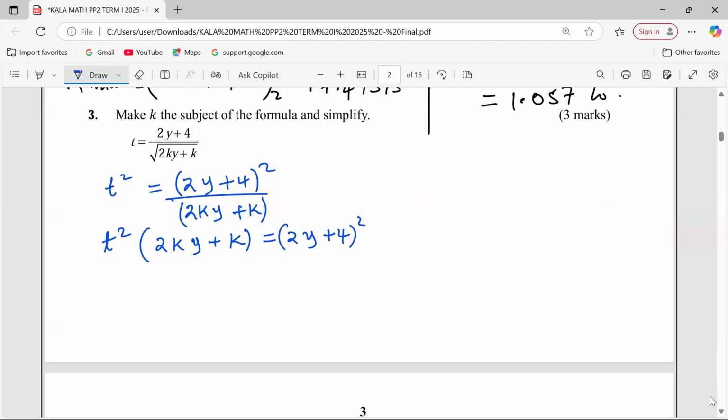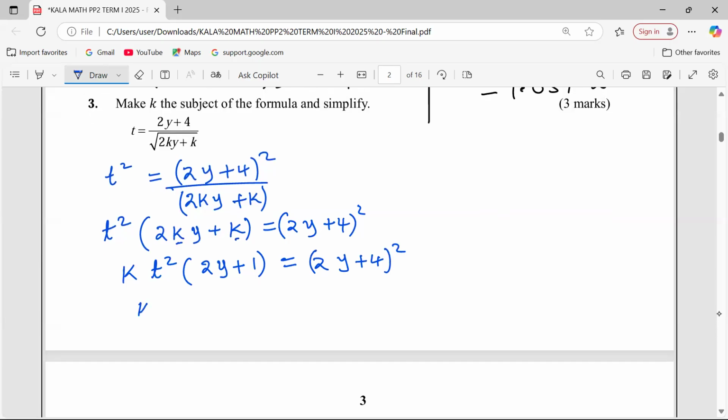And remember, what we need here now is k. So we can factor out k so that you have k t squared into 2y plus 1. This is equal to 2y plus 4, everything squared.